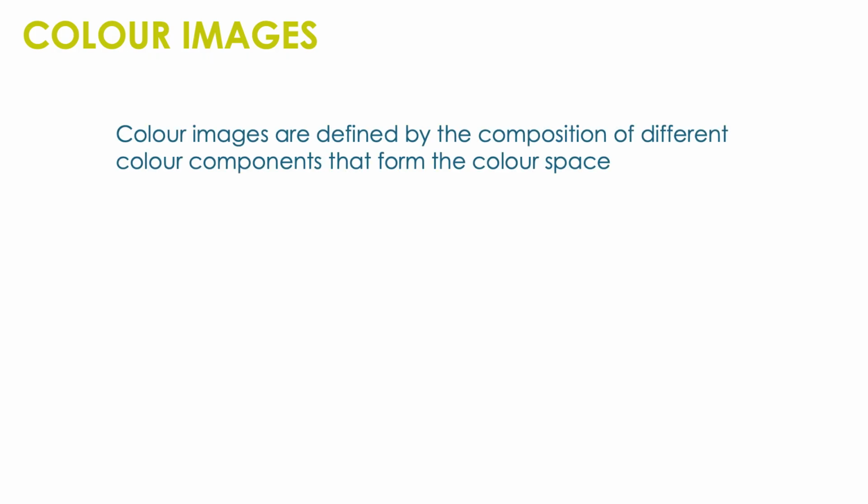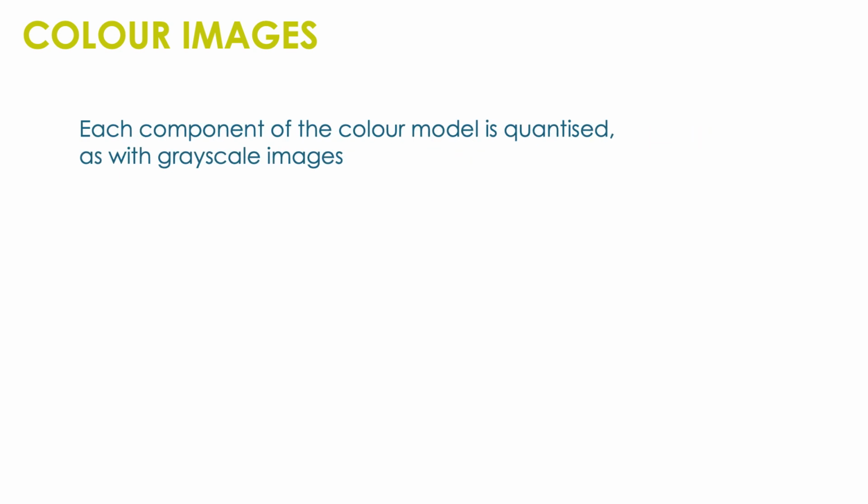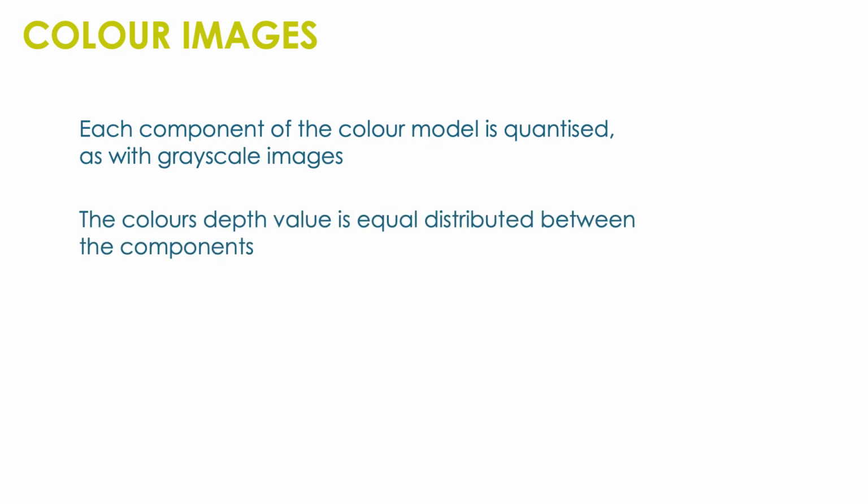Color images are formed by combining different color components, such as red, green, and blue in the RGB color model. Each component has its own pixel matrix, as we can see in the figure, where we can actually see the 3 different matrices. Each component of the color model is quantized and color depth is distributed equally among them.